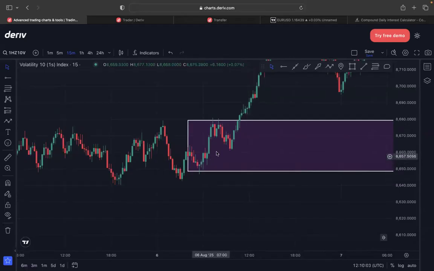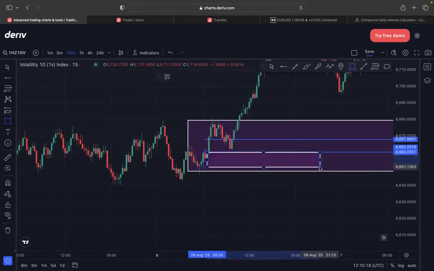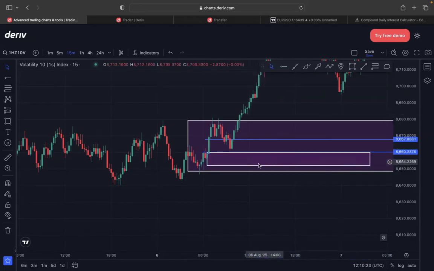Look at this. It's coming. This is our fair value gap right here, right? And this is our order block on the 15 minutes. Of course, our fair value gap has been entered into. But what is happening to our order block?